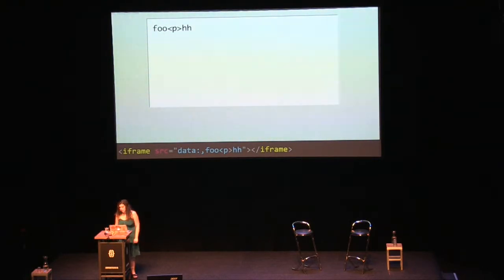I actually discovered this 5 minutes before my talk, but I thought I would mention it anyway, because I thought it was really cool. You do need the comma, otherwise it's just broken. So let's go back to text/html. So if I have a paragraph here that says foo, or whatever, as you know, this works.